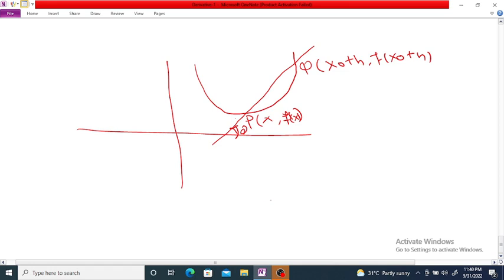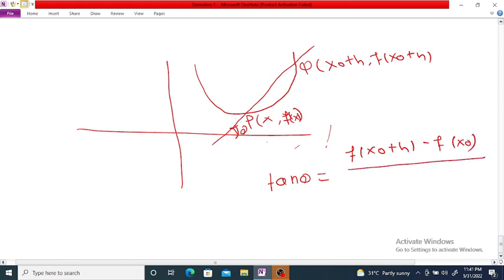Then what is the slope of this, tan theta? Tan theta is equal to the slope of this line, f of x0 plus h minus f of x0, divided by h. As we know, what is the slope of the line PQ? Suppose this is the point P (x1, y1) and this is the point Q (x2, y2).